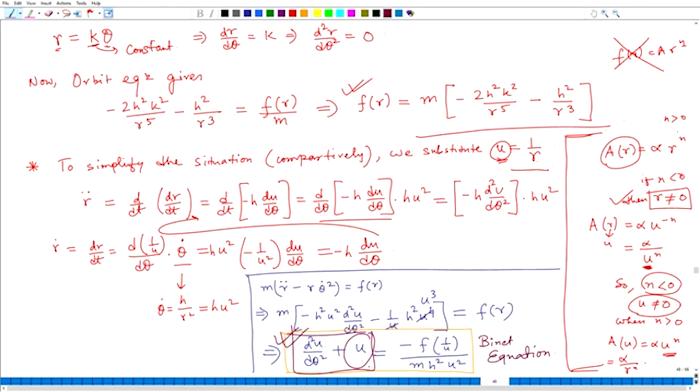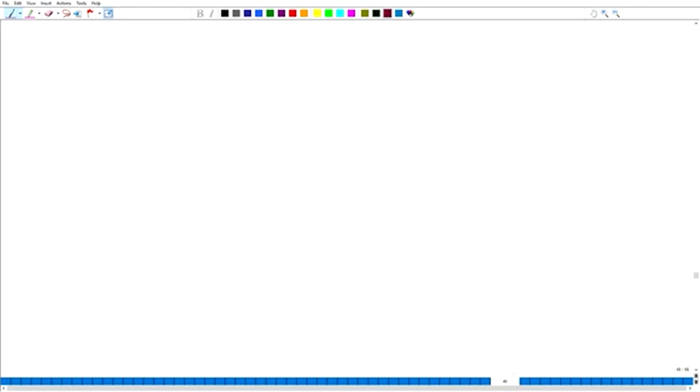And now, if I actually tell you to find trajectories from force law and force laws from trajectory, you will see many cases you can solve without problem.